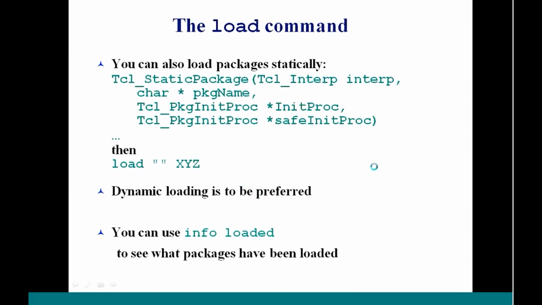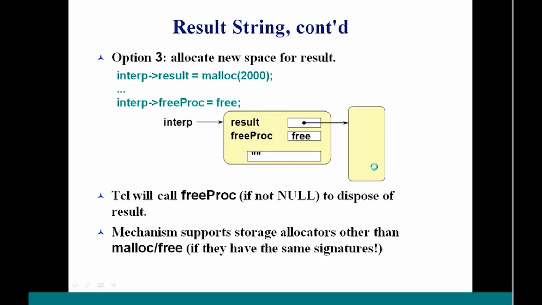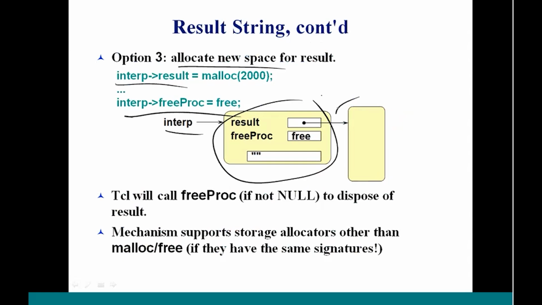We went through all these things now. The third option is to allow a new space for the result, which is the interpreter result equal to malloc 2000, then interp->freeProc is free, and then the interpreter can put that as a thing which is occupying 0 space.